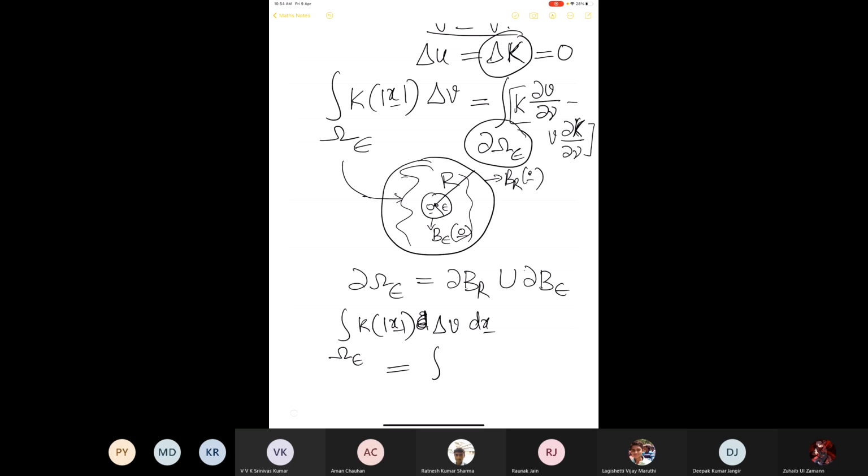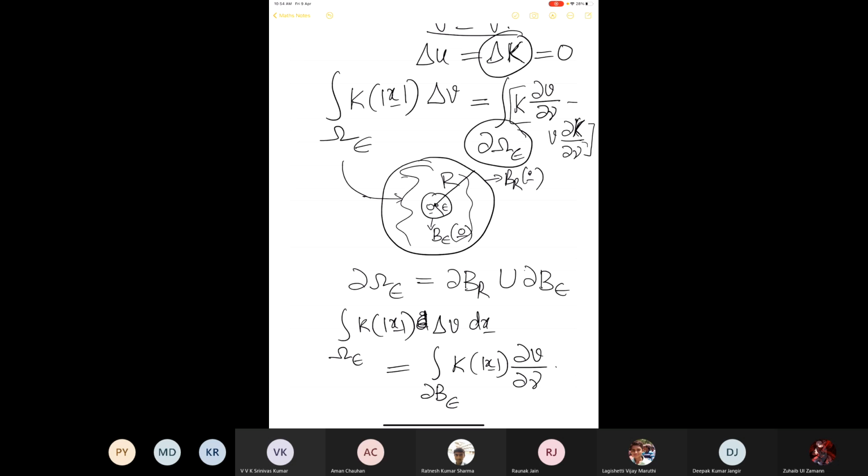On B_R, V is 0, so this part is 0. The only thing we will have is the integral over boundary of B_epsilon of K of mod x del V upon del nu. Only this will remain.